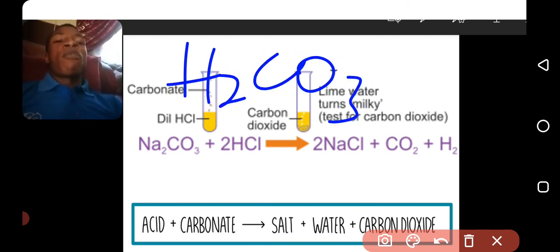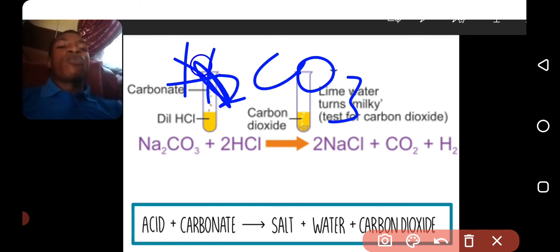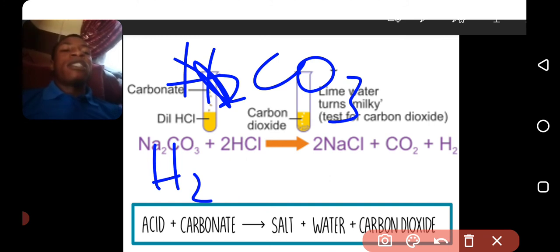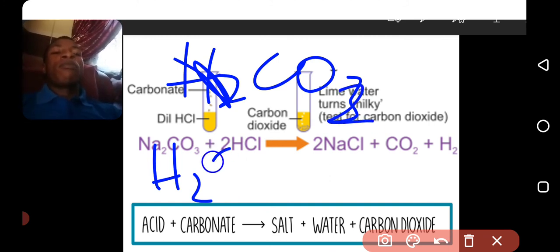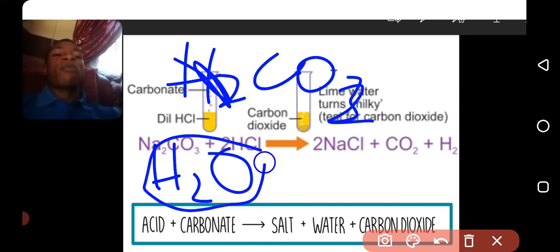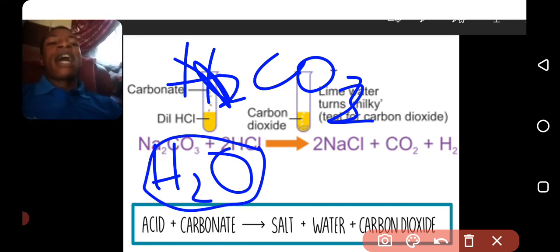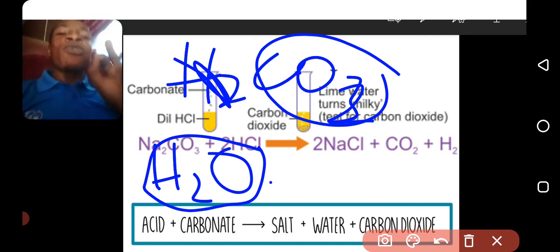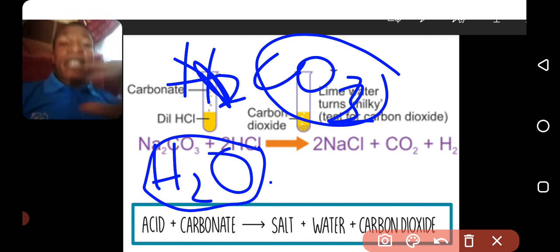Remove water from here. That's H2. I remove it now. Out of the 3 oxygen here, you remove 1. Here becomes 2, right? So put the 1. That's the water that we have formed. So now you are left with water and what? CO2. That is what happens when H2CO3 breaks apart.